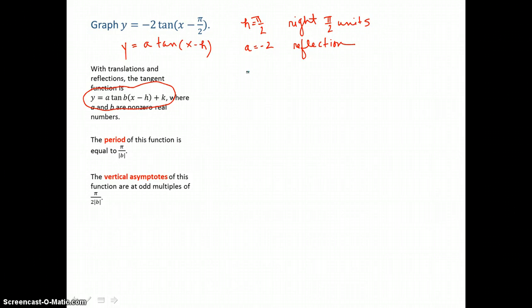And there is no amplitude to worry about, but there's a period for this tangent function, pi over the absolute value of b, and b happens to be 1. So our period is just pi units. We have those vertical asymptotes to put in place.